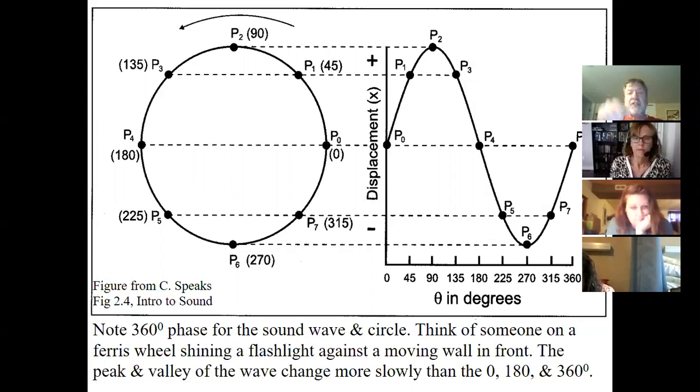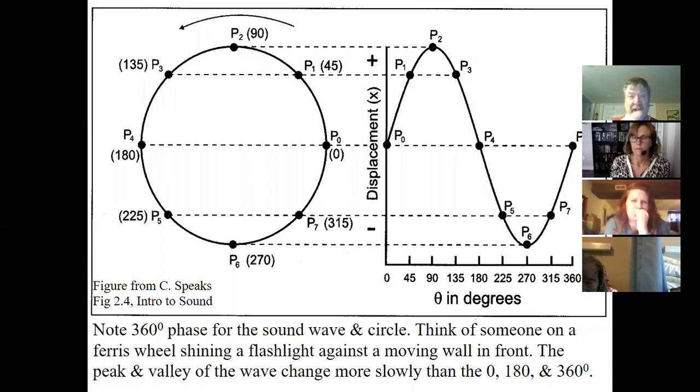Well, if you take the top half of the circle and bend it away from the other half, guess what? You've got a wave starting at 0, going to 90, going to 180, going to 270, and back to 360 again. Get it?